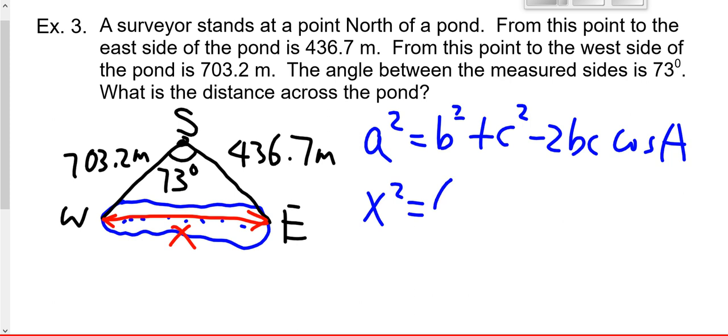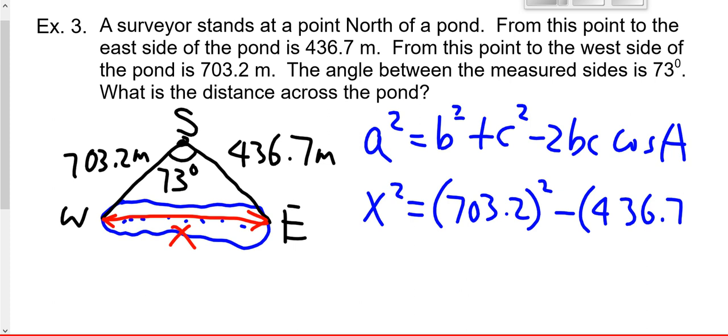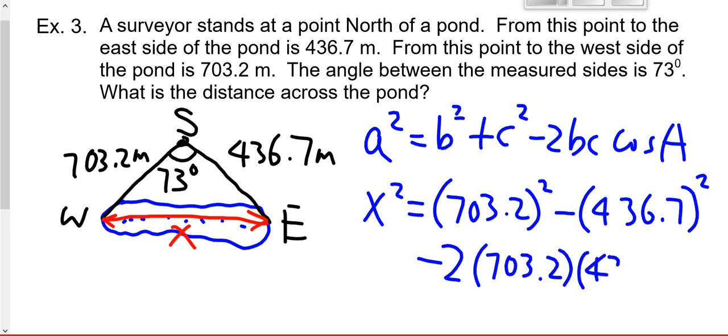So one of them is 703.2 squared. The other one is 436.7 squared, and then minus 2 times the two numbers that I just mentioned, 703.2 and 436.7.